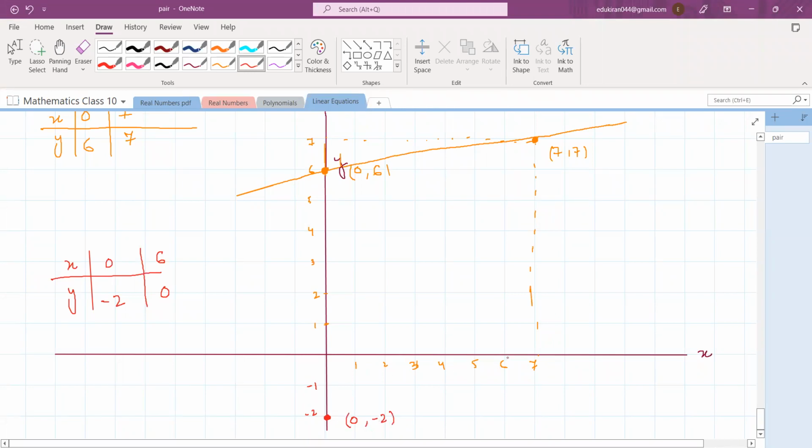Second point, when x is positive 6, y is 0. So this point is 6 and 0. Clear? So join them. I think after a long distance they are going to meet, right?